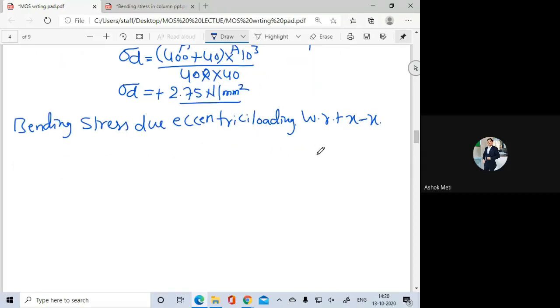So now I will go for sigma b xx, which will be equal to plus or minus P2 into exx into yxx upon Ixx.